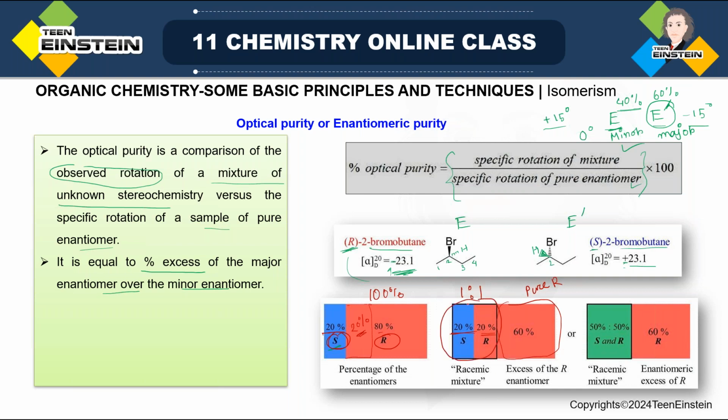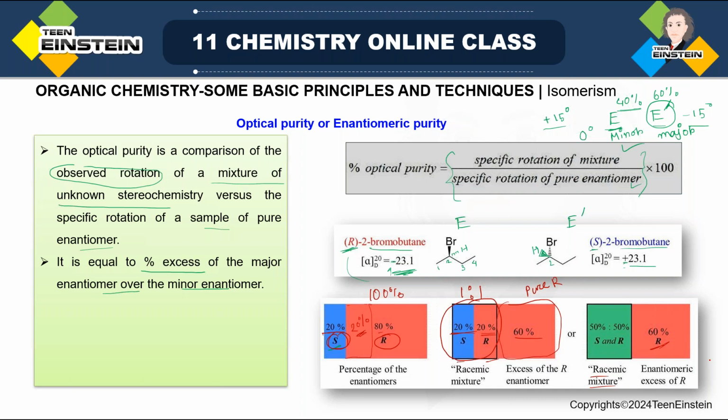So this part is now a racemic mixture, and 60% is unaffected, which is excess of R, isn't it? This racemic mixture is shown with a green color. The blue and red are shown as if they are separate, but as they are compensating each other, overall it will be a racemic mixture. Only 60% is remaining as pure R, and that will be the percentage excess of the major enantiomer.